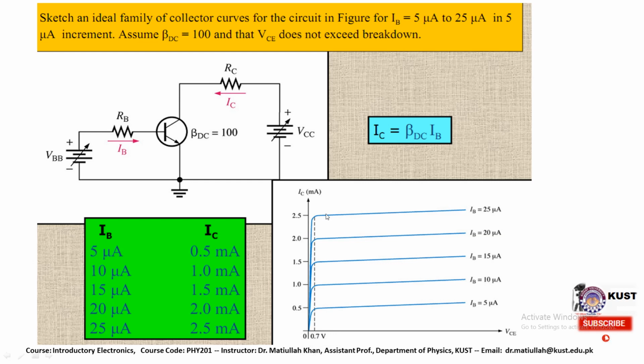This is the circuit diagram for this. The beta DC is already mentioned, equal to 100, and VBB and VCC are already clear.